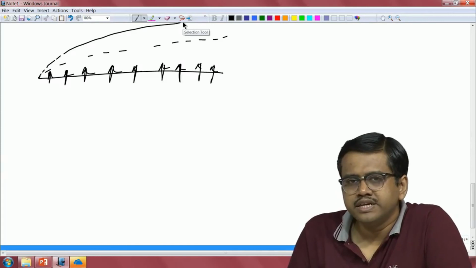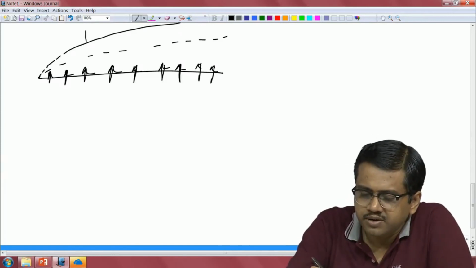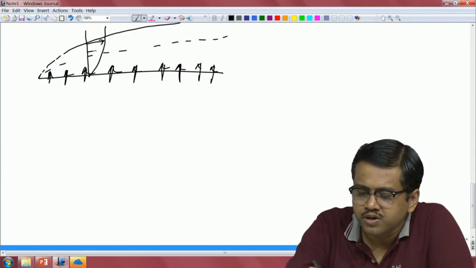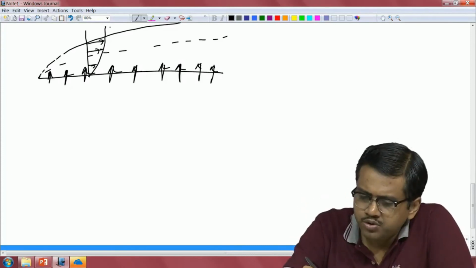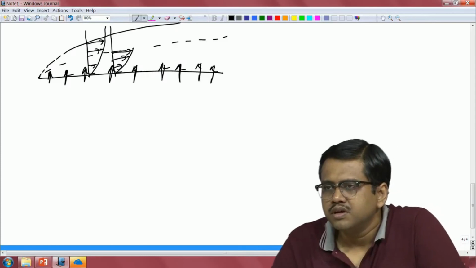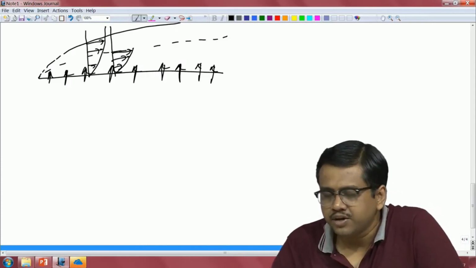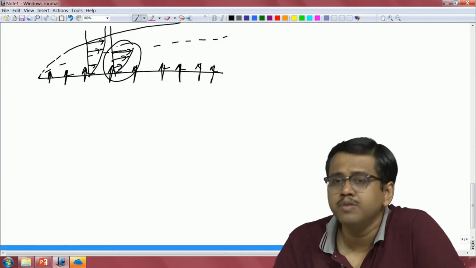So, there is a displacement of the boundary layer in the upward direction.